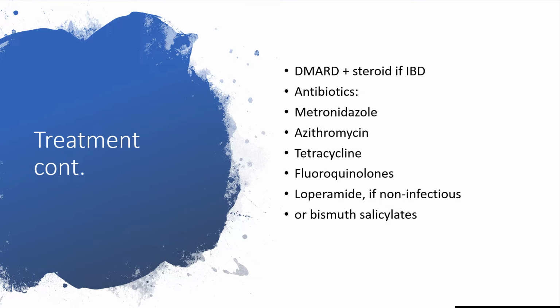You can use bismuth salicylate, but be careful in children because of the possibility of aspirin toxicity, and not even in individuals taking aspirin for other reasons. And Reye syndrome is going to be there if it's used in children.